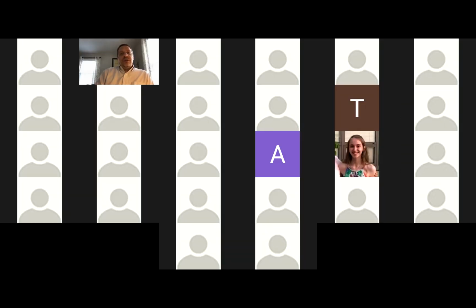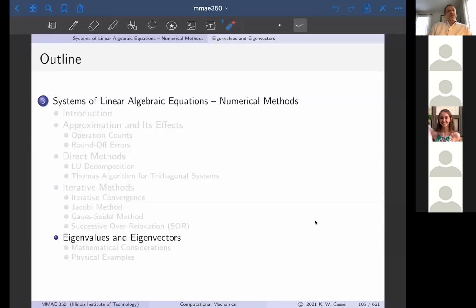All right, let me share my iPad. If you remember last time, we were talking about iterative methods, specifically Jacobi, Gauss-Seidel, and SOR. That was in contrast to direct methods such as Gauss elimination and LU decomposition.